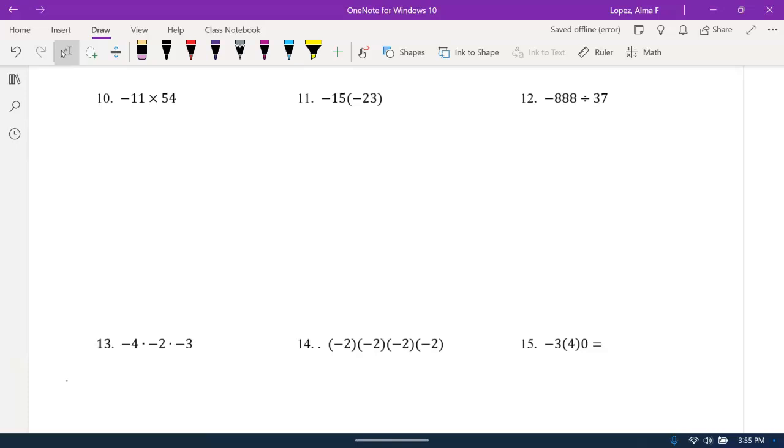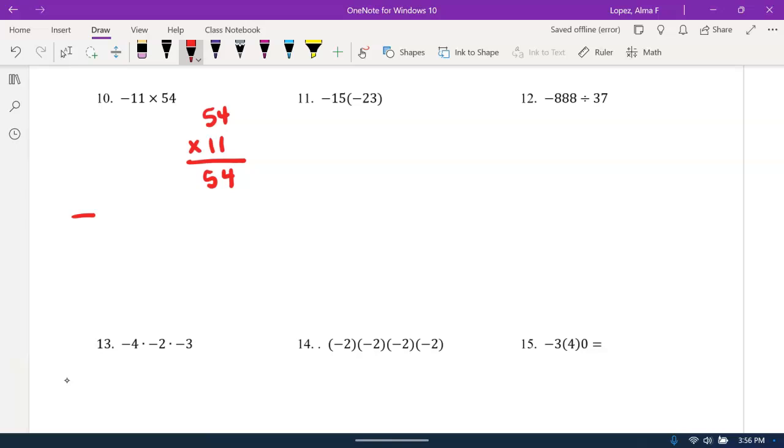Negative 11 times 54. Well, now we're multiplying larger numbers. 54 times 11, I'm going to put the smaller one on the bottom. I'm going to multiply, but let's start off by just saying, what is the answer going to be? A negative times a positive. I know I'm going to get a negative answer. Now let's find it. 1 times 4 is 4. 1 times 5 is 5. Now I'm finished with that, so I move over to the tens digit that I'm distributing.